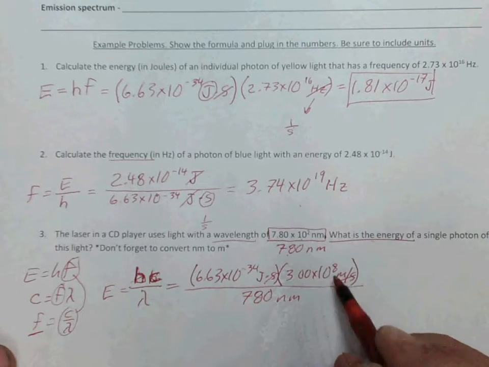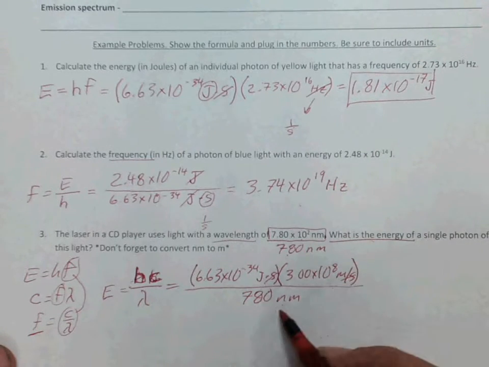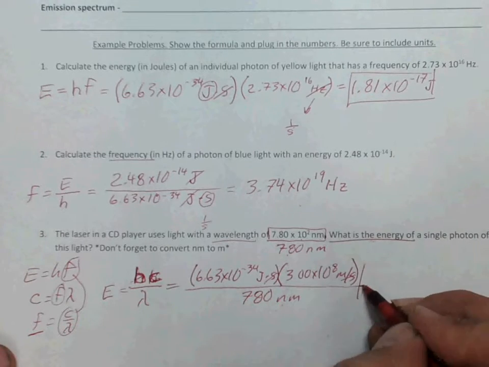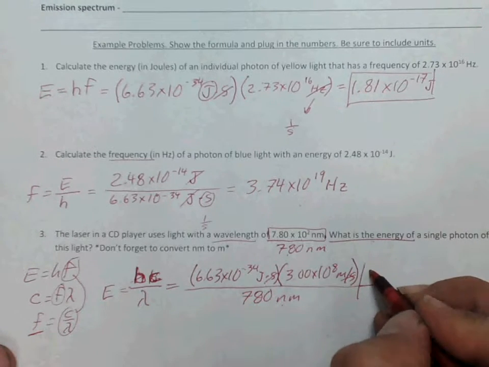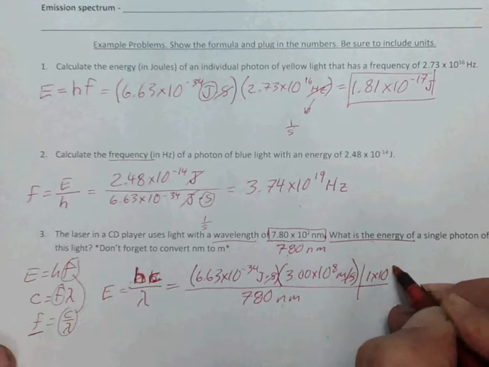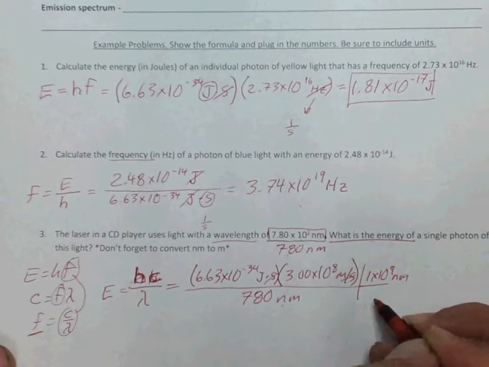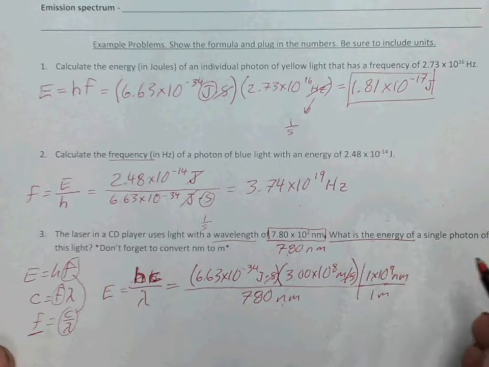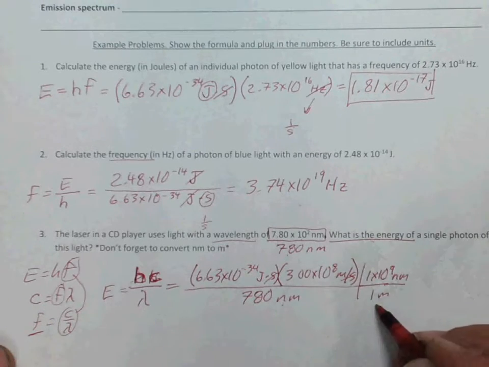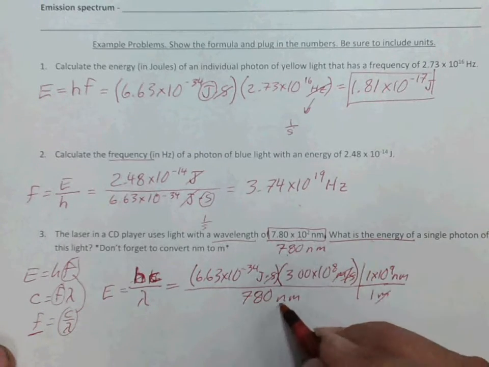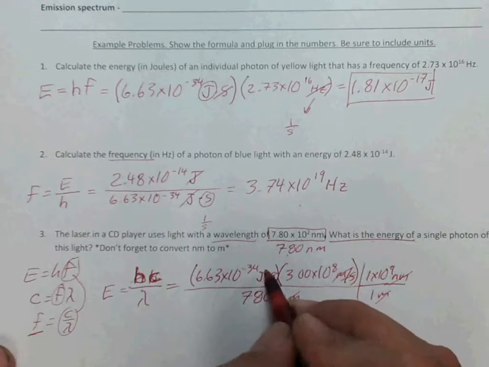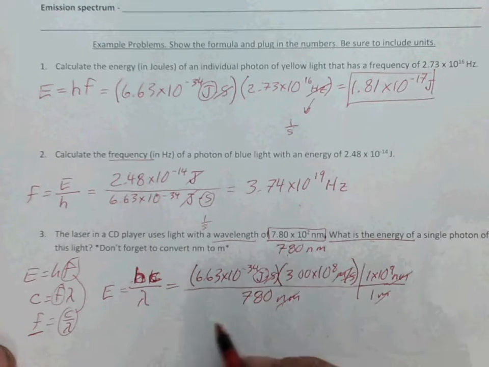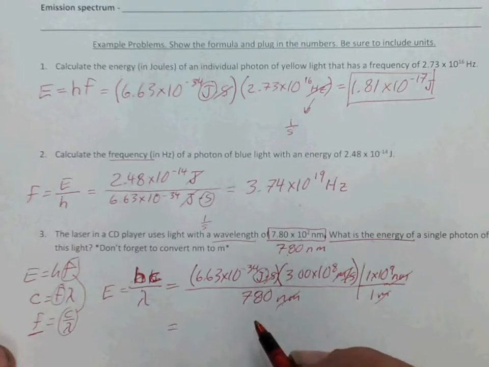Well, here we run into a problem because nanometers and meters will not cancel. So we need to add a unit conversion here. We'll say 1 times 10 to the 9 nanometers is equal to 1 meter. And now our meters cancel with our meters, our nanometers cancel with our nanometers, and we're left with just joules, which means we must have done this correctly.